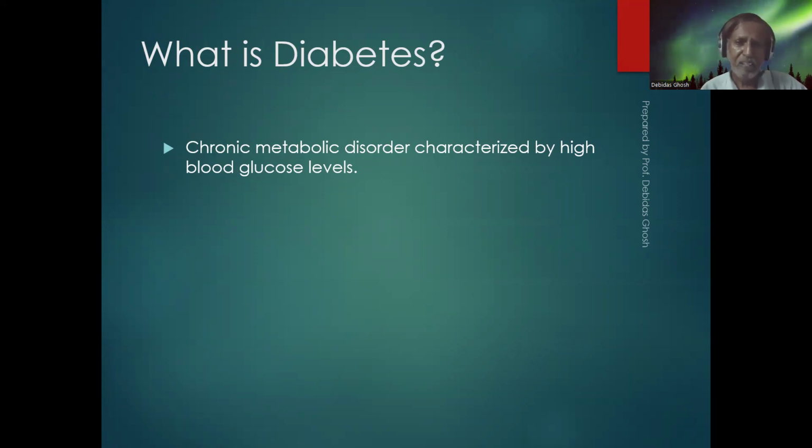We know that diabetes is a chronic metabolic disorder which is associated with high blood glucose levels. There is elevation in the fasting blood glucose as well as postprandial blood glucose. There is also elevation of the glycemic index of food items, and the glycated hemoglobin level is also elevated.